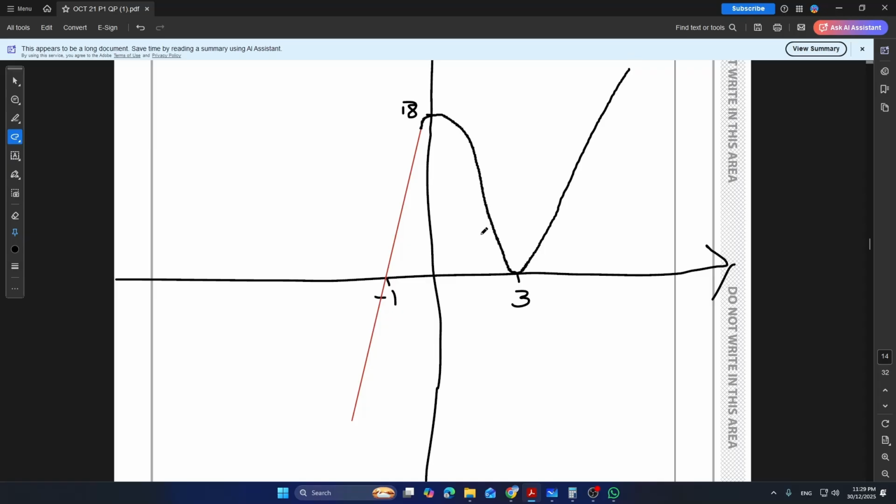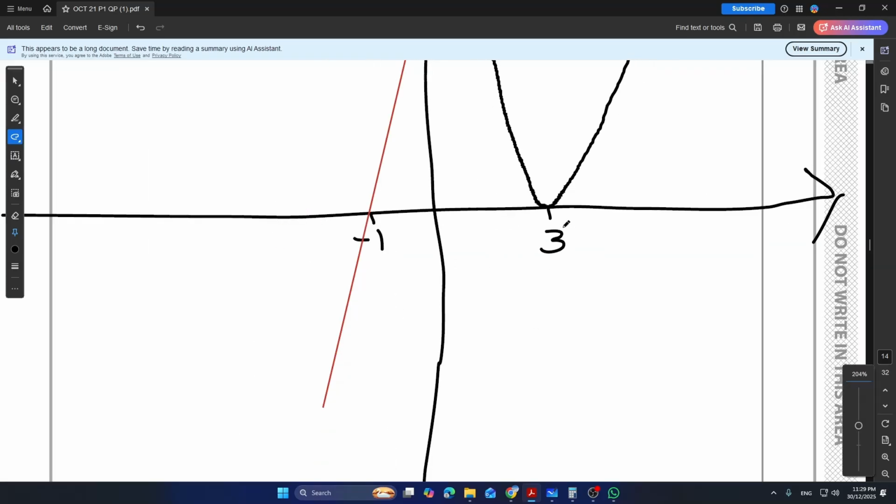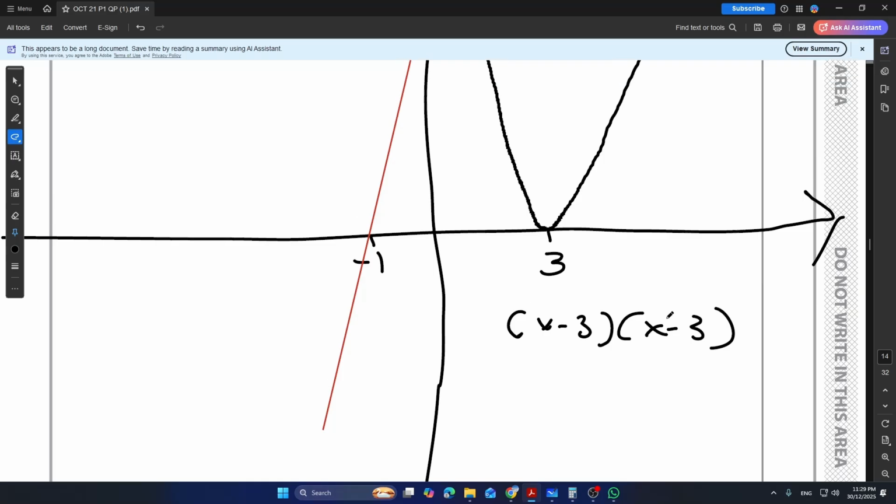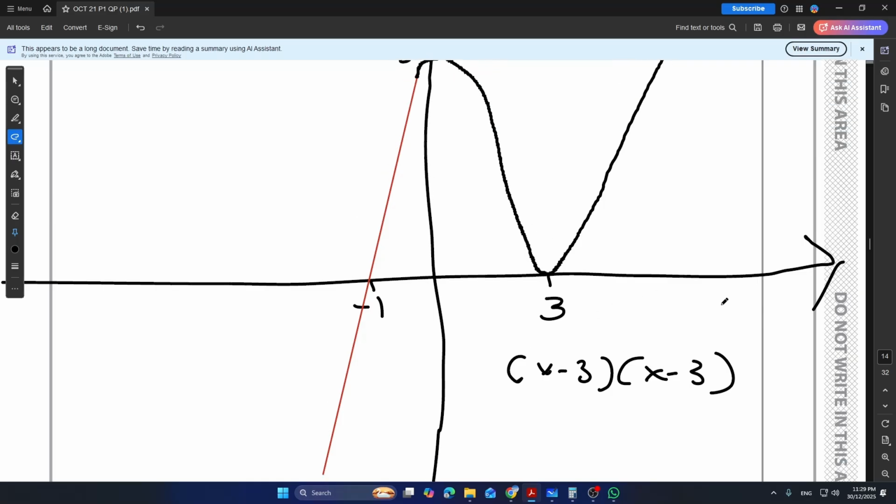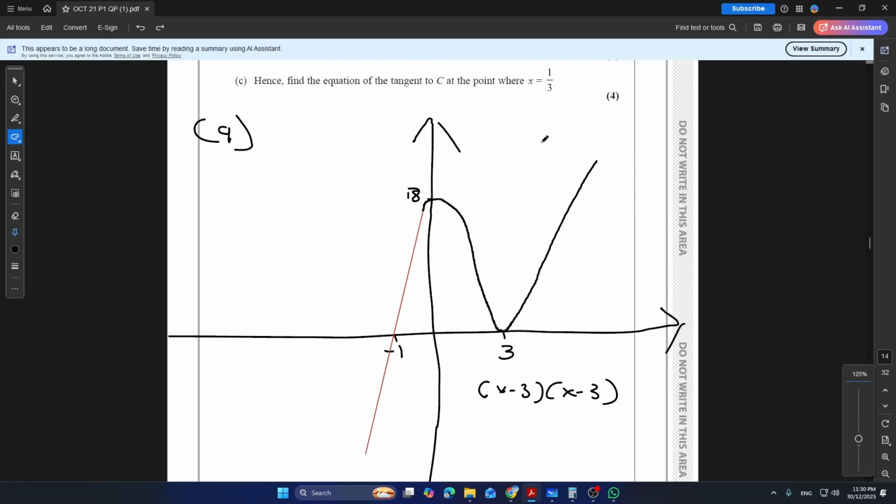Why is it touching and not crossing? Because it's x minus 3, x minus 3, so this basically means x minus 3 squared. That means there's no other point. If it goes down, it's going to have to touch another point. But here it's only at 3, so we're just going to touch and come back up. And this is how to sketch the graph.